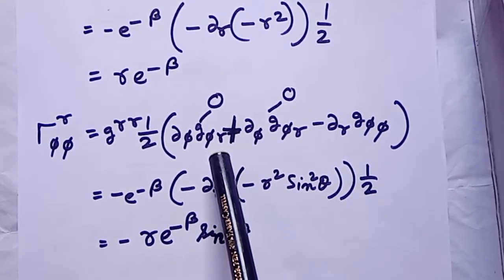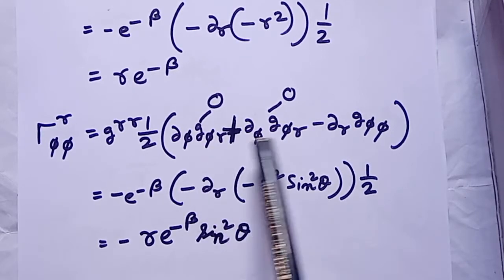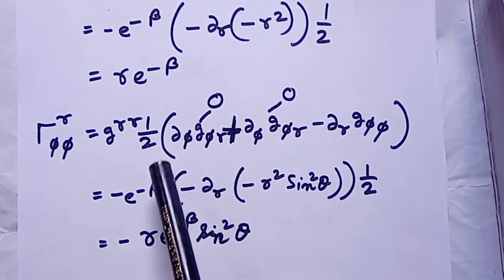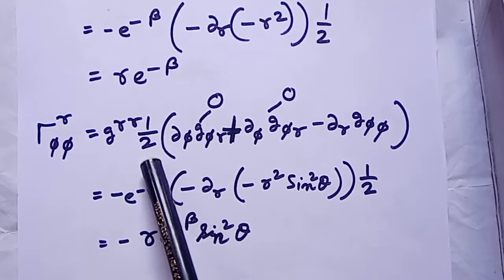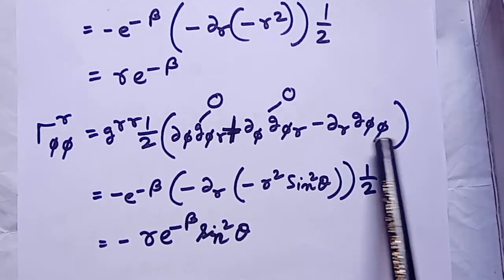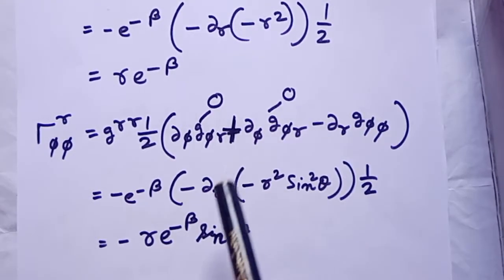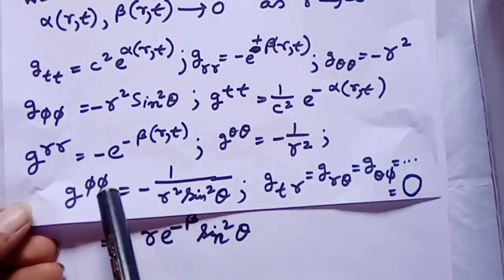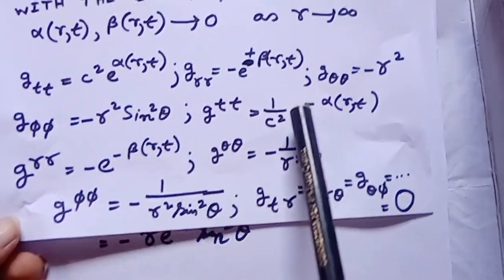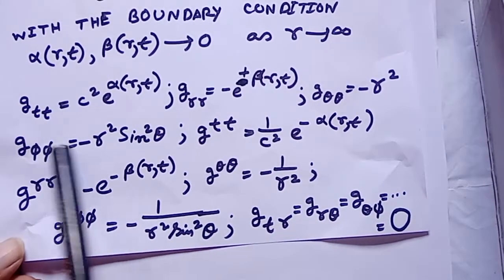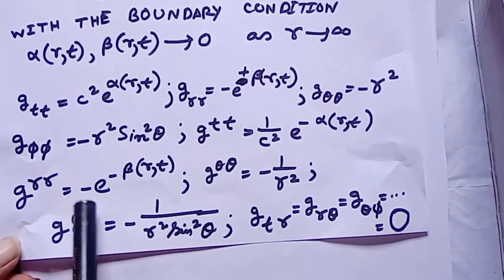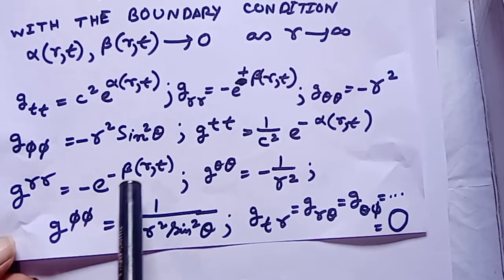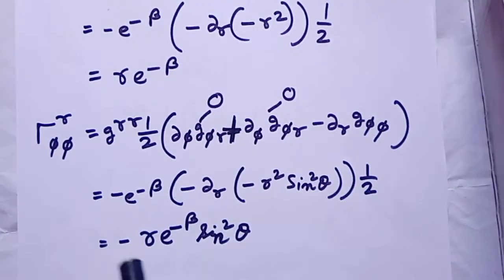There are no other metric component terms for g_phi r, so those are 0, and the whole term is g^rr times minus half of del_r g_phi phi. We put in the values: g_phi phi is minus r squared sin squared theta, and g^rr is minus e to the power minus beta. Putting it all together, we have minus r e to the power minus beta sin squared theta.